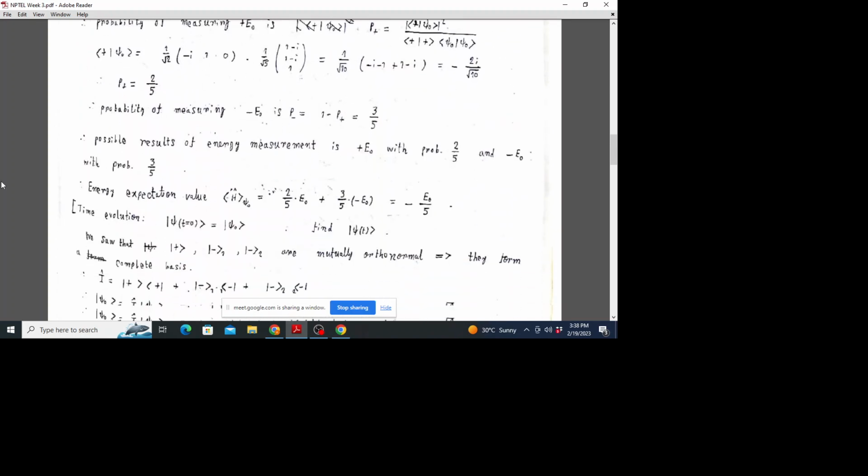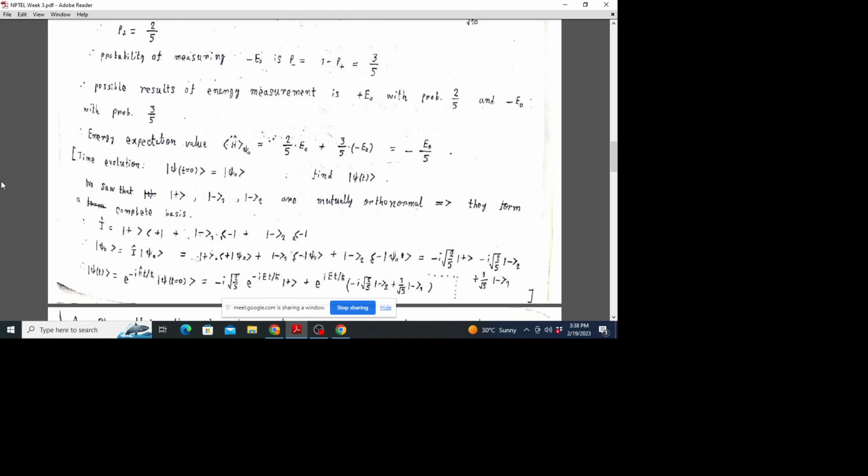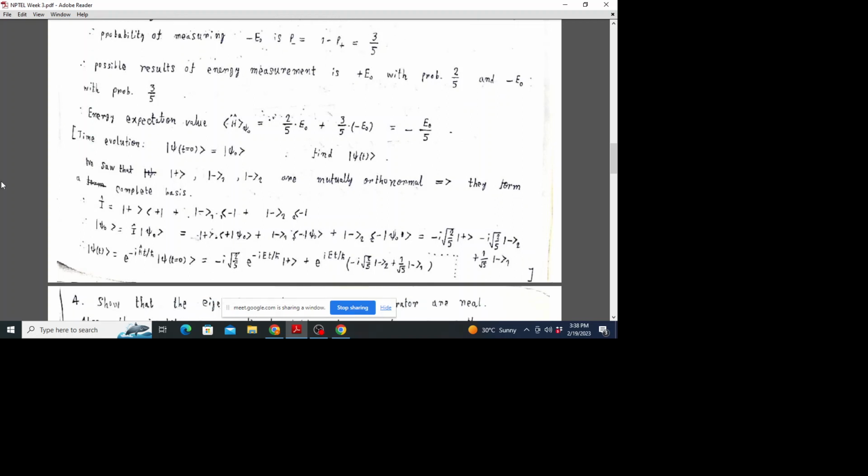Consider this psi naught. For now just note this, I'll explain later. This is the linear combination of the energy eigenstates: this plus, this minus 2, and this minus 1.